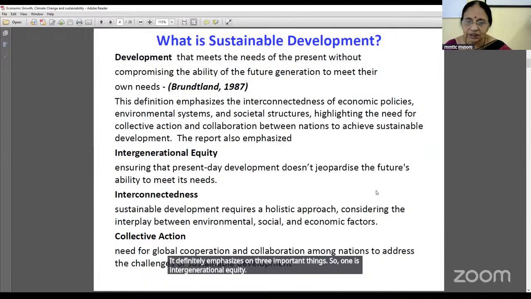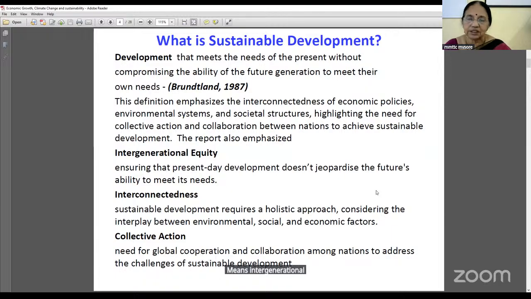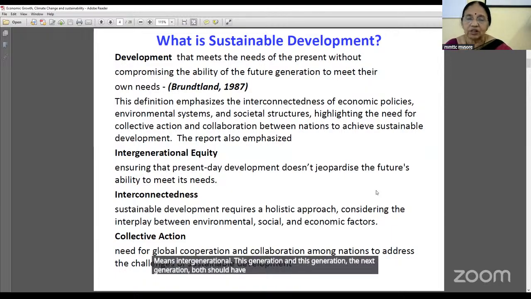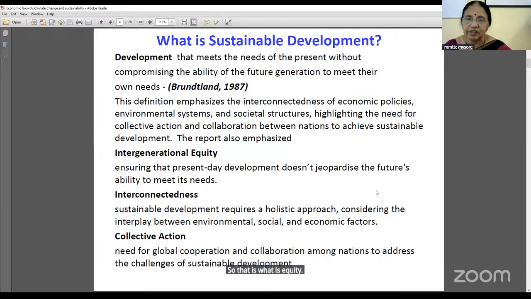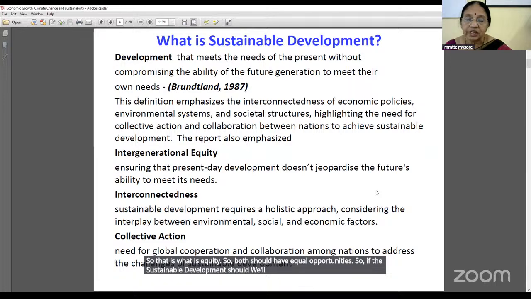Intergenerational equity means ensuring that present development does not jeopardize the future's ability to meet its needs. Means this generation and the next generation, both should have equal opportunities. So that is what equity is. So sustainable development will take care of intergenerational equity. And the second one is the sustainable development.